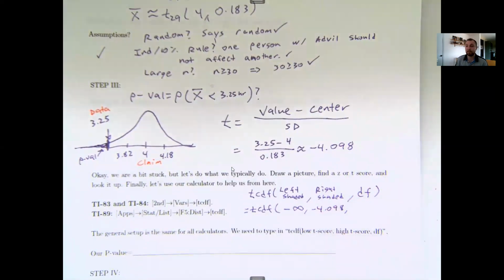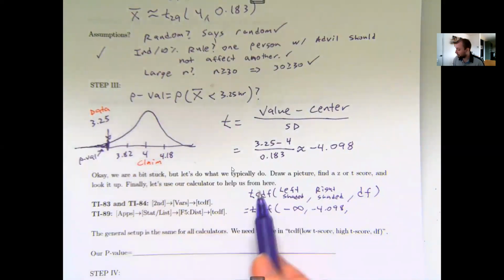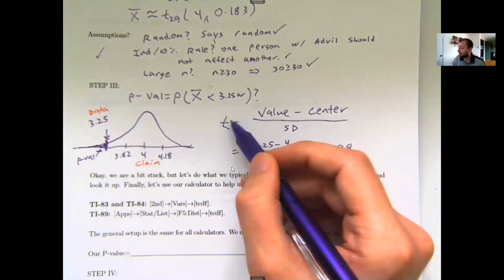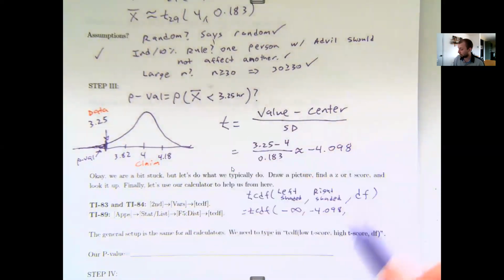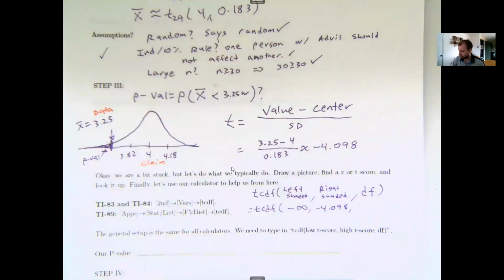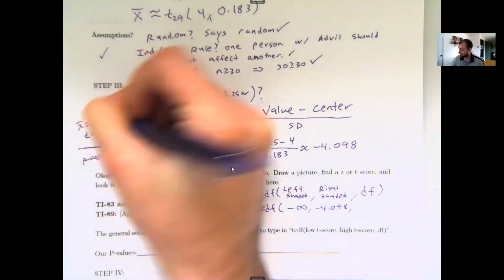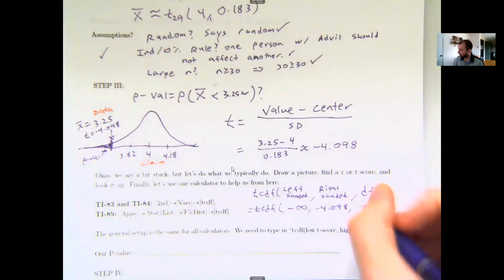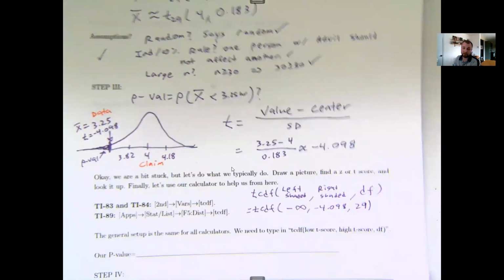I'm going to pause for a second before I do anything else. I want you to notice something. My value might have been 3.25, but this TCDF only knows how to look up t-scores. That's why I'm using this t-score here instead of that sample average value. Degree of freedom, I have 30 samples. So in this case, I have a degree of freedom of 29.